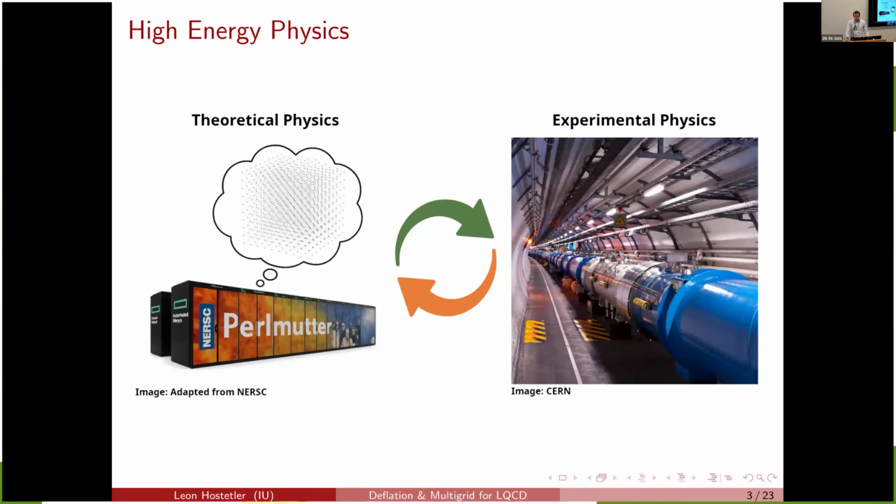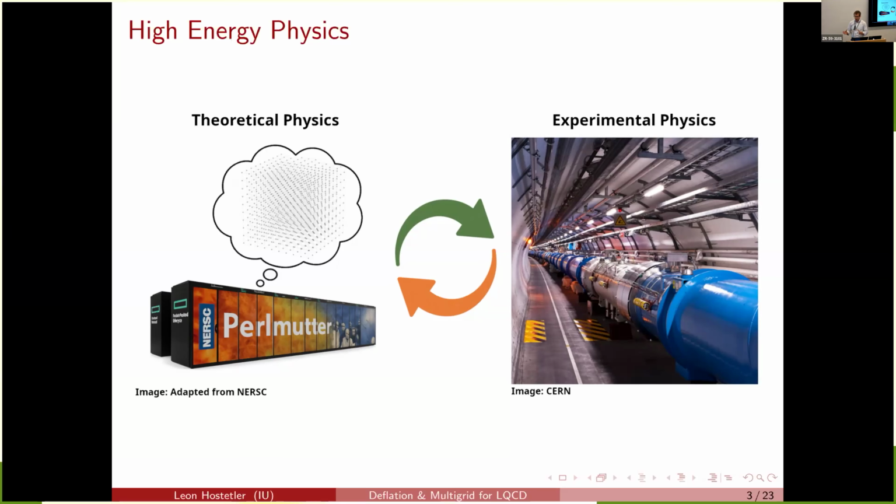In high energy physics, theoretical physics and experimental physics play complementary roles and inform each other. On the theoretical side, we use big machines like Perlmutter, running these lattice QCD simulations to tell us what the standard model says about how these particles will interact with each other.